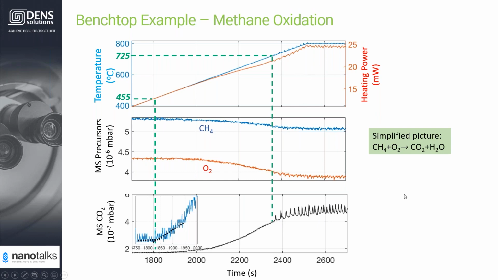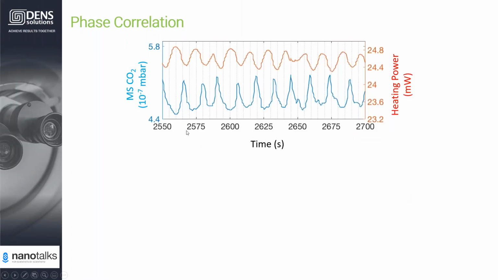If you see here, the blue curve is the carbon dioxide from the mass spectrometer, and the red curve is the heating power from the calorimetry. As we also mentioned in the application examples, carbon dioxide release is normally an exothermic reaction, which means it releases heat into the environment.